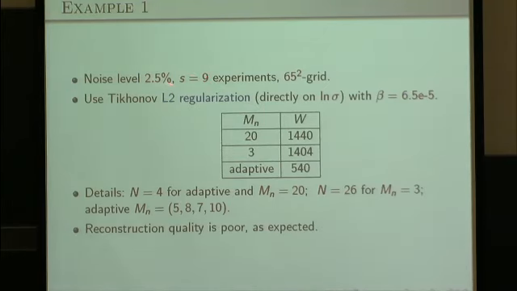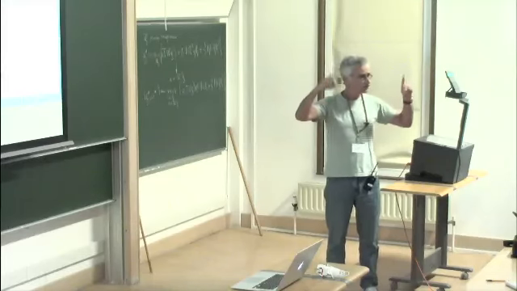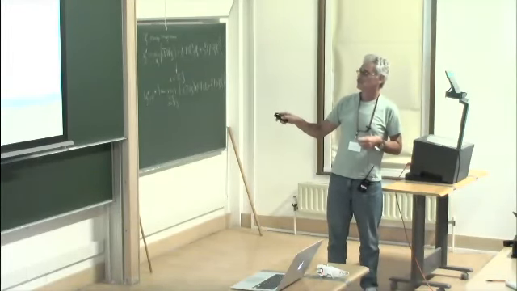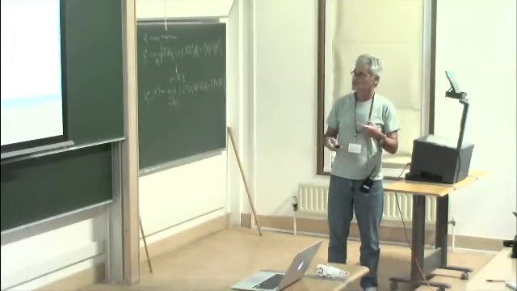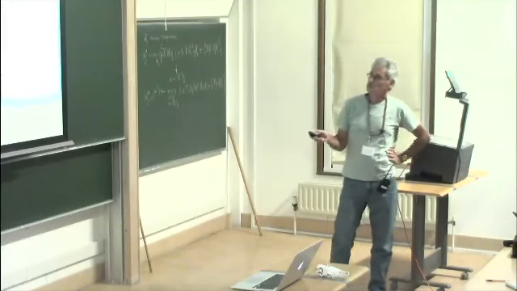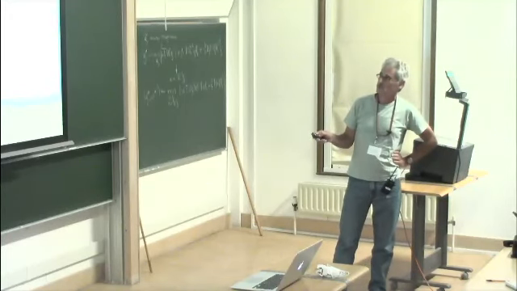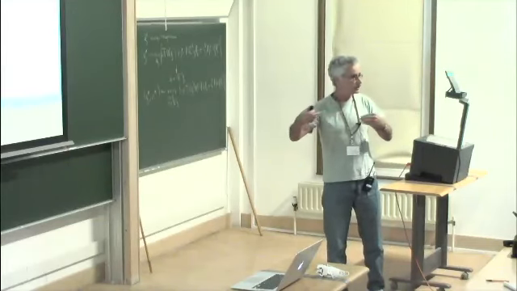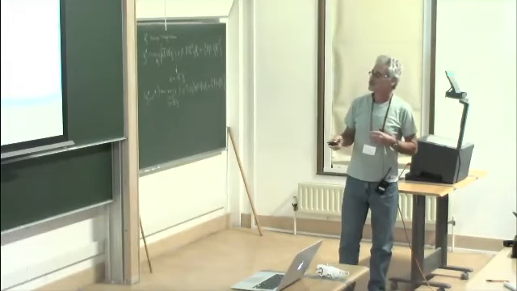2.5% noise was added to the data, and this is on a 65 square grid. This uses Tikhonov with L2 regularization, meaning L2 on the gradient of log sigma. By trial and error, we found the value of beta for Tikhonov. What you can see in this table is what happens when I fix m sub n to be 20, so 20 PCG iterations in each outer iteration.